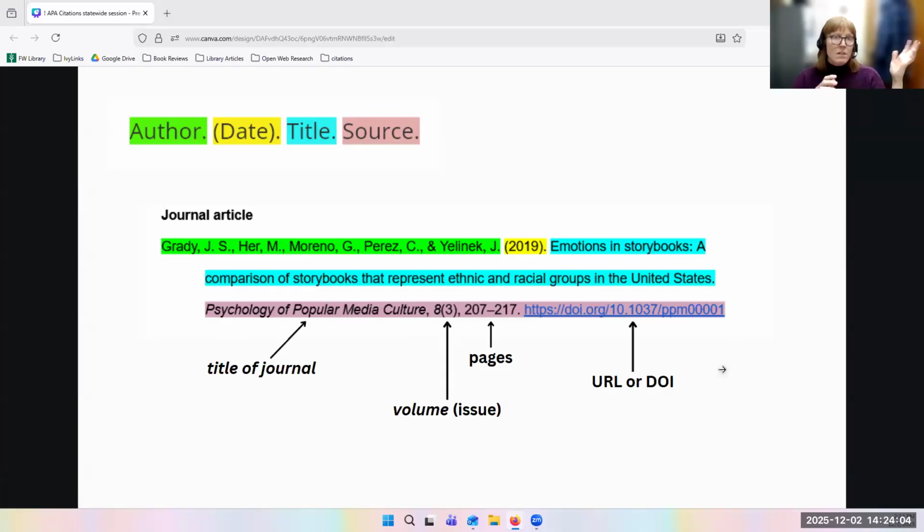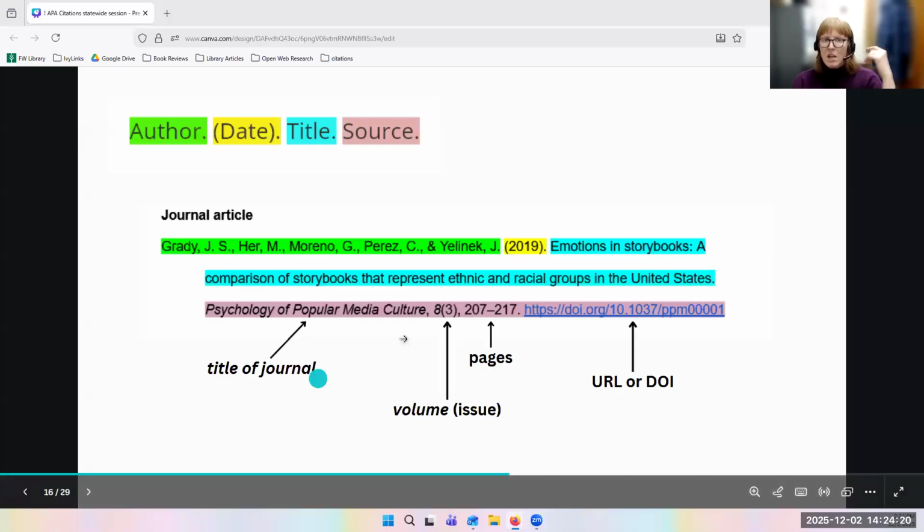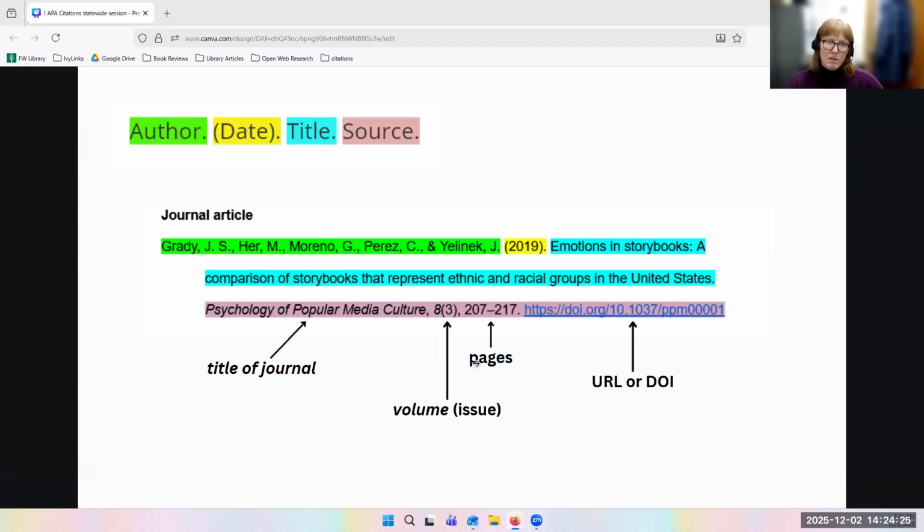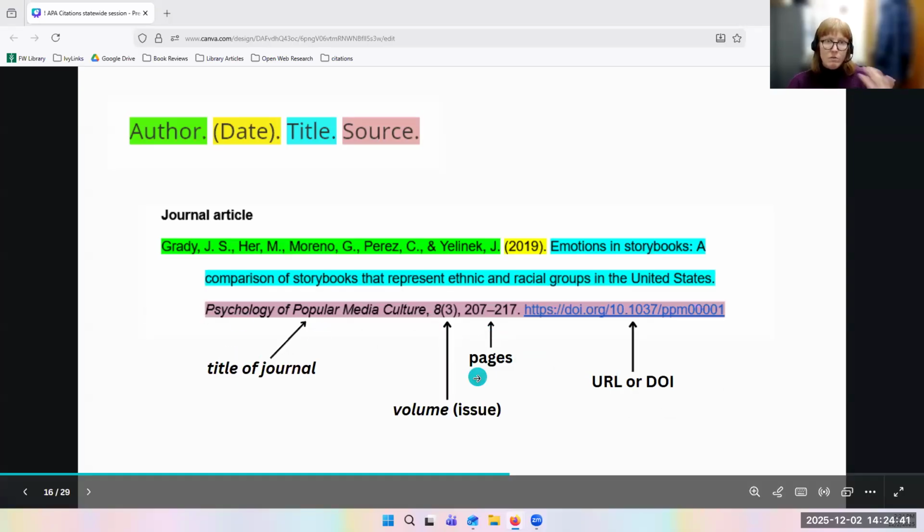Way before the internet, and even still now, academic journals were printed just like a magazine or a newspaper was printed. They were printed regularly. And so in order to find that information, they also included issues and page numbers. So all of that just refers back to when every journal was printed, right? So that's why we are asked to include these. It continues on today, even if they aren't printed, there's still a volume, an issue, and page numbers in journals. So that is all of that information here that we would need to find the source.